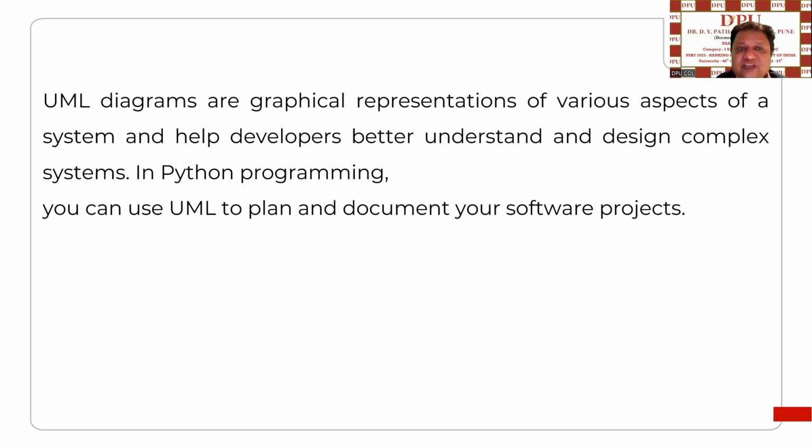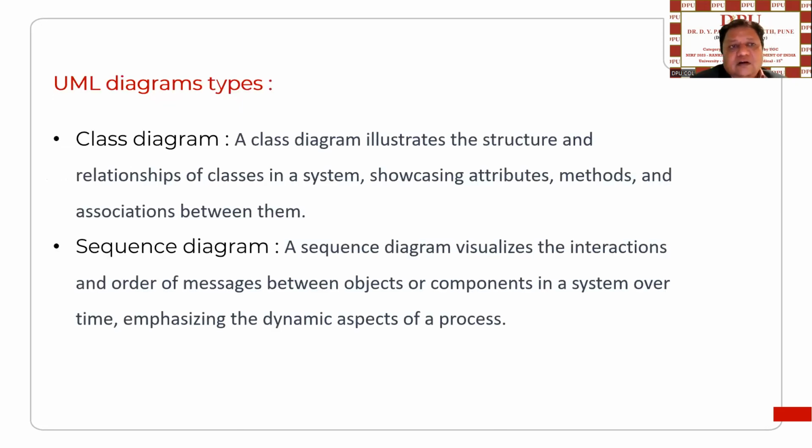So this is the main objective or main purpose of UML diagrams. Like I said, there are different types of UML diagrams that we can use as per the purpose, as per the application. For example, the class diagram illustrates the structure and the relationship of classes in a system.